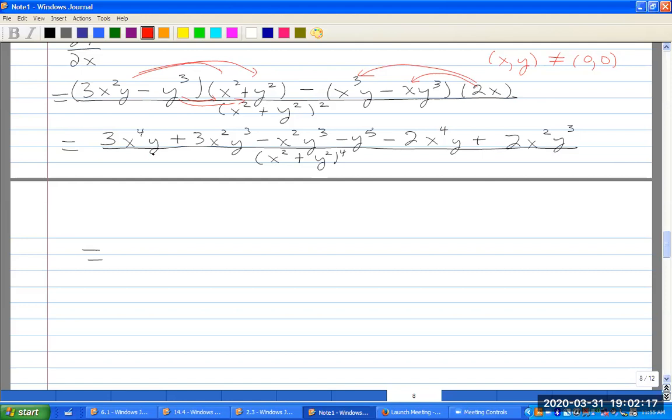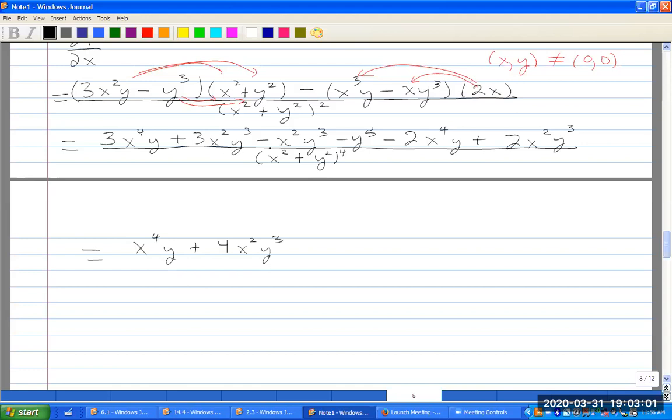So 3x^4 y minus 2x^4 y is x^4 y. 3x^2 y^3 minus x^2 y^3 plus 2x^2 y^3 is 4x^2 y^3.